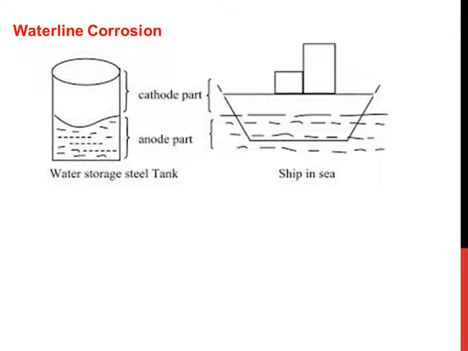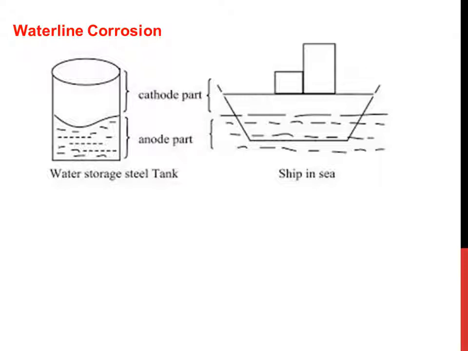Waterline corrosion is a case of differential aeration corrosion itself, and it occurs in ocean going ships or water storage steel tanks, where a portion of the metal is always under water. When water is stored in a metallic tank, the metal below the water line gets corroded, not the metal above the water line.